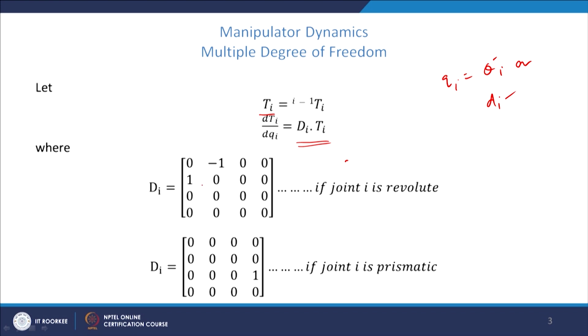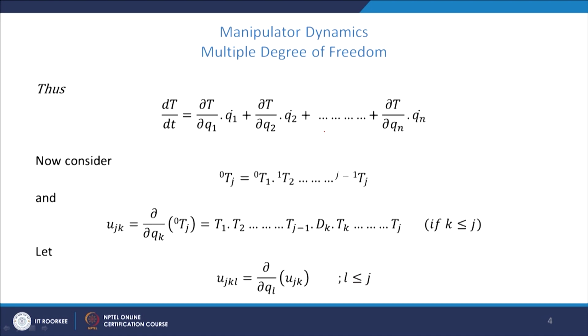where Di is this matrix if it is a revolute joint, or this matrix if it is a prismatic joint. So, the partial derivative with respect to the variable is given by Di multiplied by the matrix Ti.